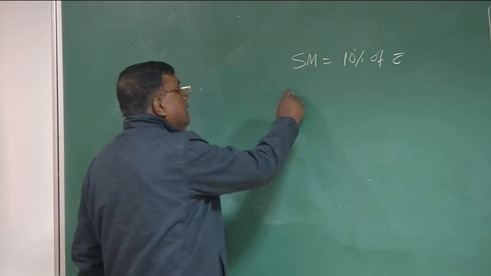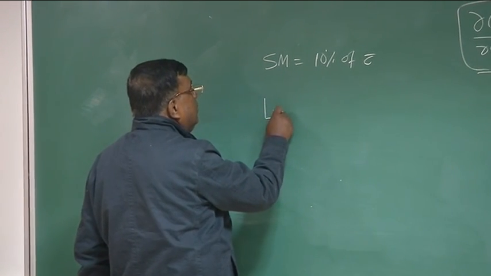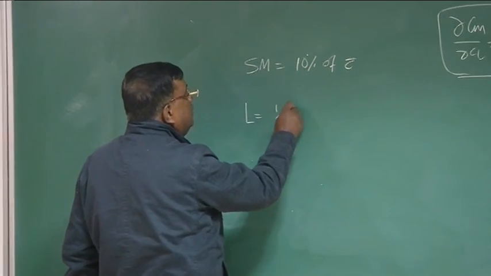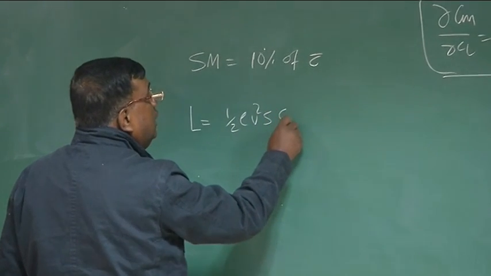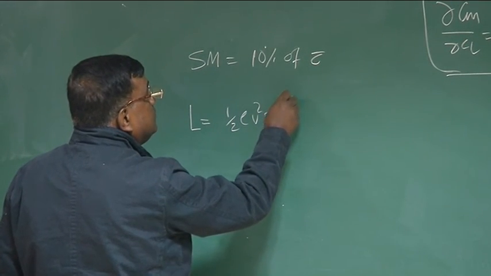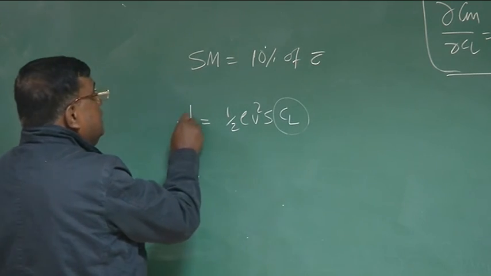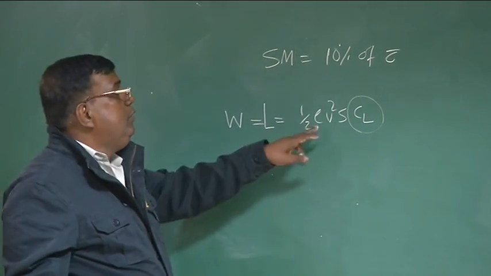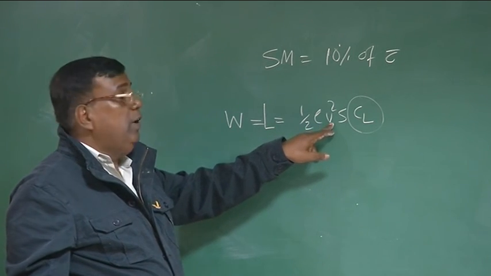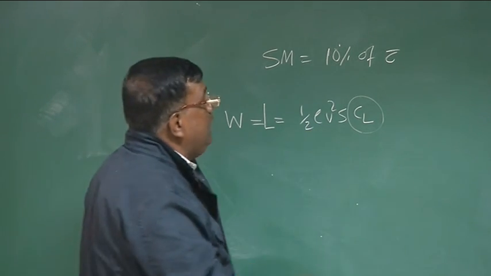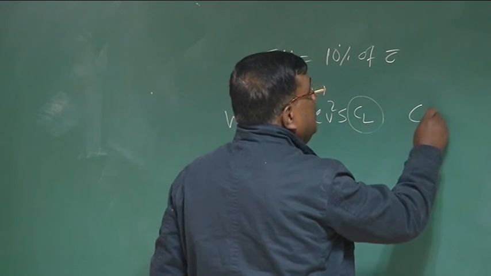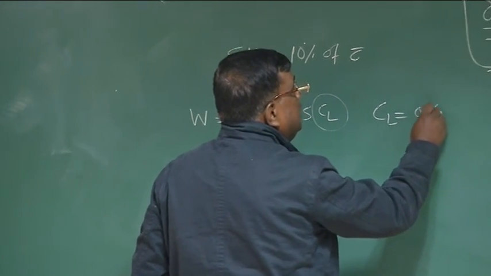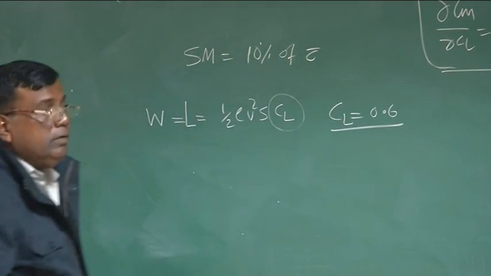Typically I can write L equal to half rho V square S CL, and this is equal to weight, because lift equals weight. You know what altitude you want to fly, what speed you want to fly, you have a wing area. So you typically get some CL value, let's say CL 0.6.